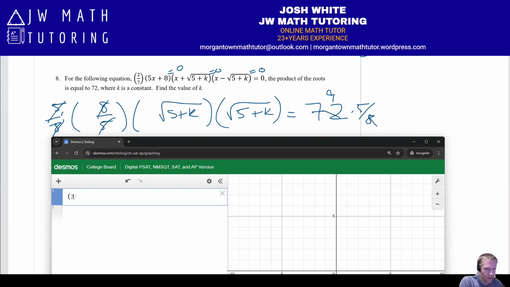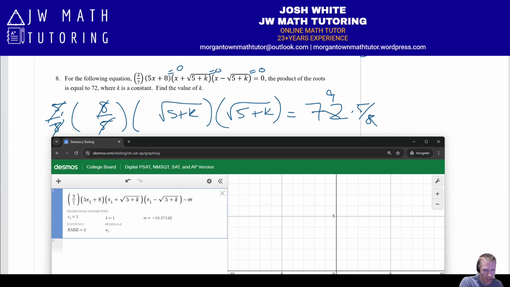We're going to take the original equation that we're given, and we are going to do a regression where we regress it to its intercept form, or basically its factored form. The reason we do that is because it allows us to define the various roots.